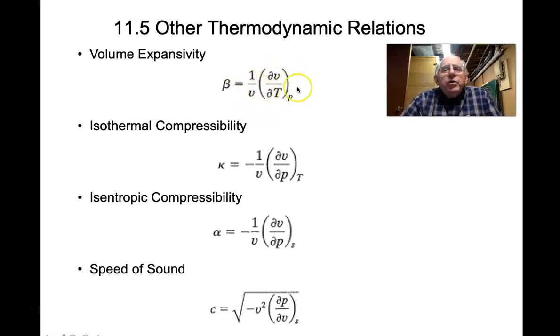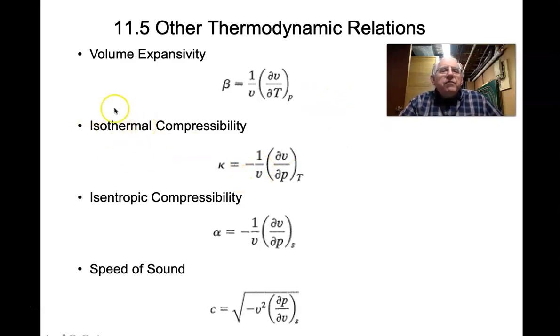So the units on this volume expansivity then is a fractional change, because that's all dV over V is. dV over V is just a percentage or a fractional change, and then this temperature is per degree. And so the units on the expansivity is fractional change or percentage change per degree of temperature change.